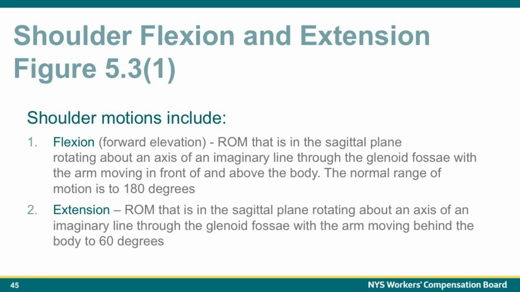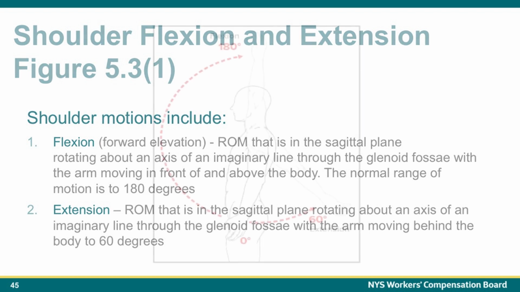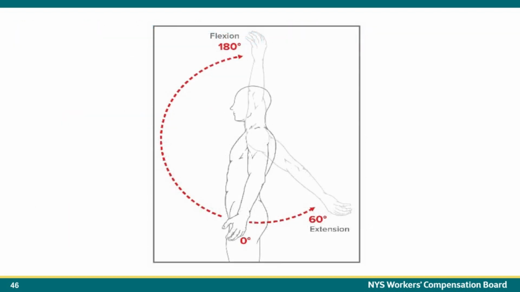The specific instructions regarding shoulder flexion and extension are seen in this slide, and combined with diagrams, aid in clearly defining what is measured, how the measurements should be made, and the normal values for the ROM measurements.